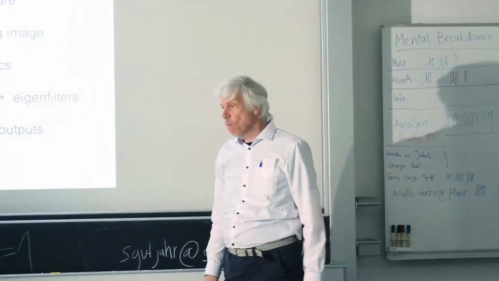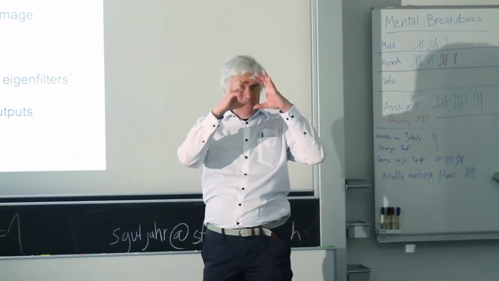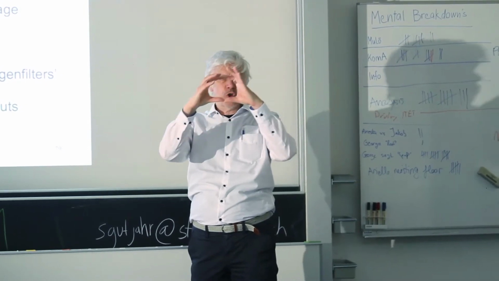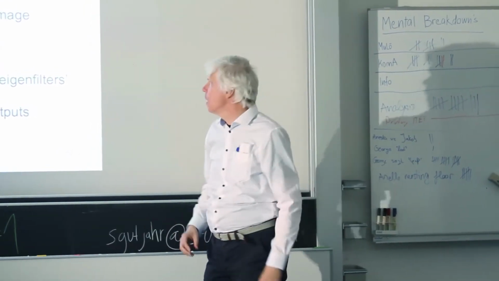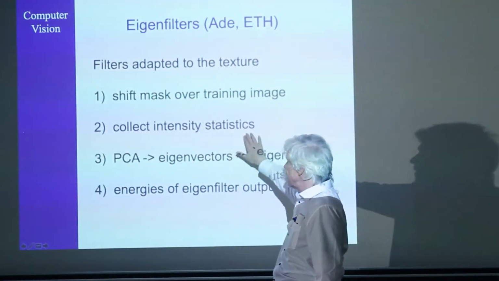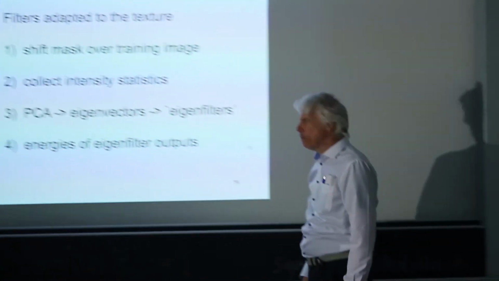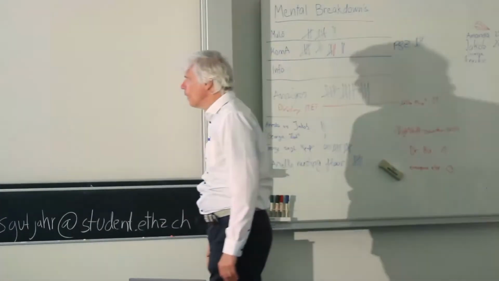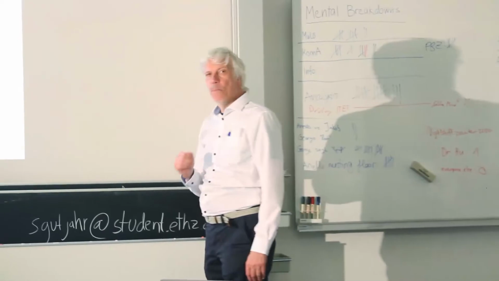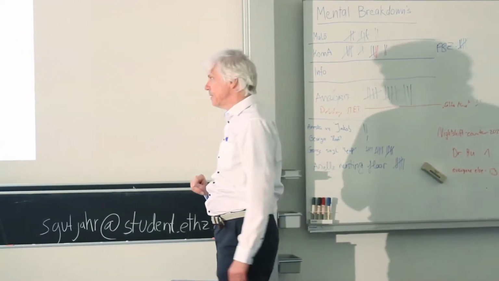And then we see the different pixels in that convolution mask. They are at each position covering a certain pixel. What are the intensity statistics for these different pixels. And what we actually want to do is to apply principal component analysis.